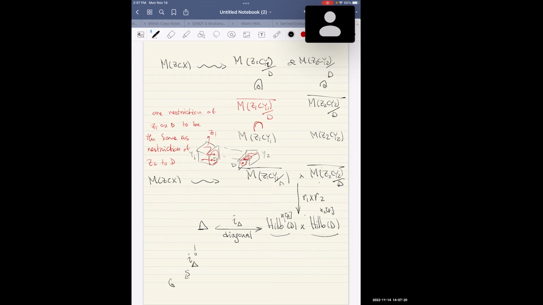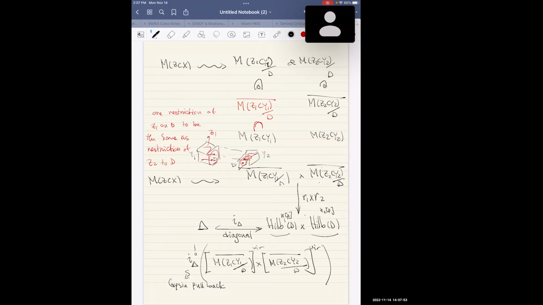This is the Gysin pullback of the virtual cycle of M of Z1 inside Y1 with relative condition along D, times M of Z2 sitting inside Y2 with relative condition along D. And what does this Gysin pullback do?